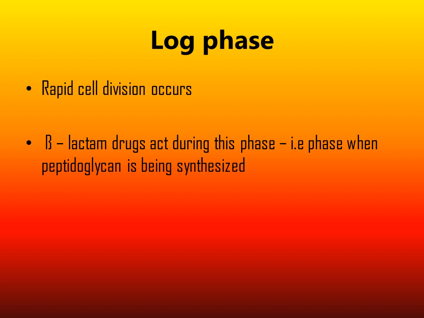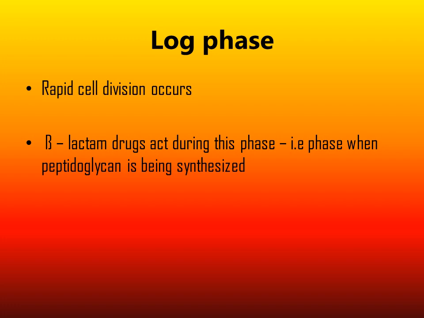Log phase is the rapid cell division phase, and the significance of this phase is that beta lactam drugs like penicillins and cephalosporins, which have a beta lactam ring in them, are antibiotics that we will be studying in pharmacology in detail. So there is a category of antibiotics called beta lactam drugs, like penicillin and cephalosporins.